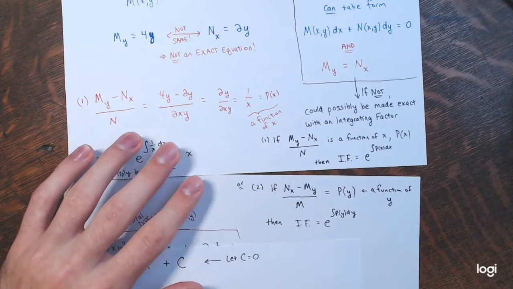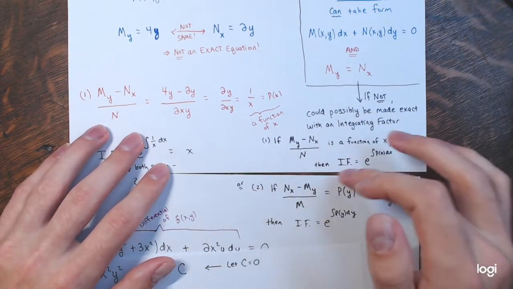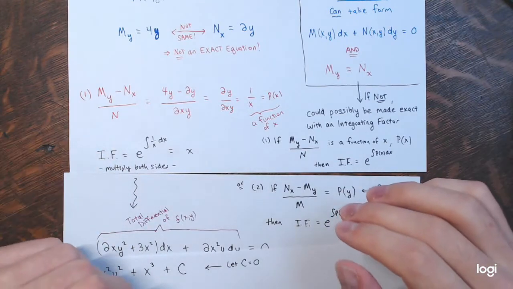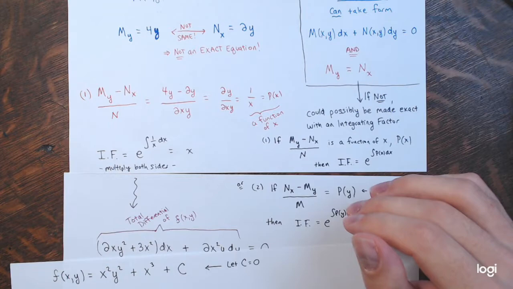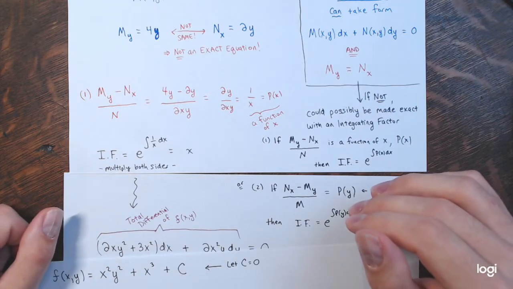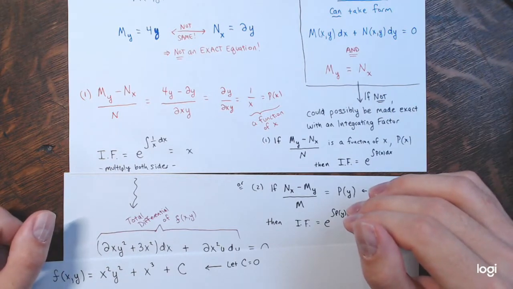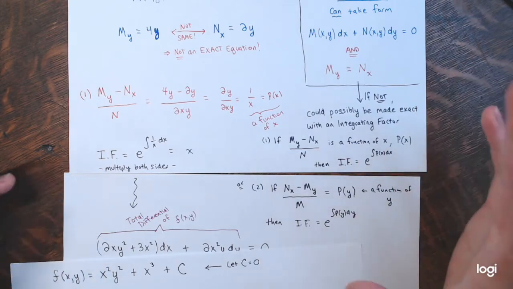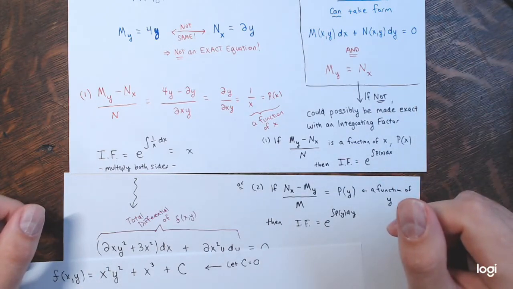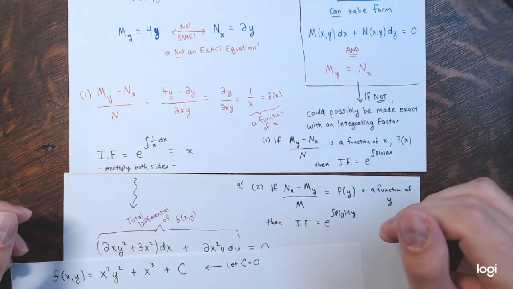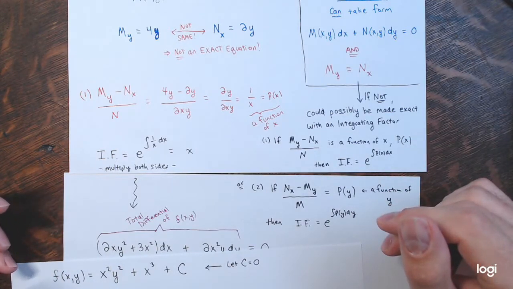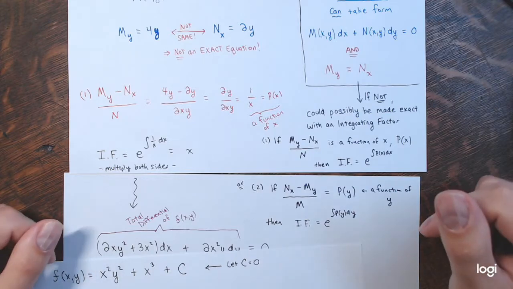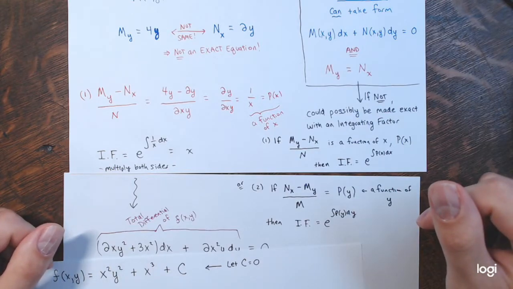And if neither of these work out, then you probably have to approach the differential equation in a different way, either graphically or numerically, as opposed to analytically. I mean, hey, maybe it might even be a separable equation, right? Or maybe it'll be a linear first order equation that you could solve, but couldn't do it this way.